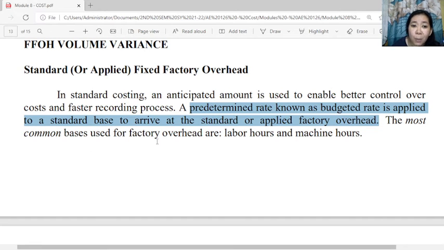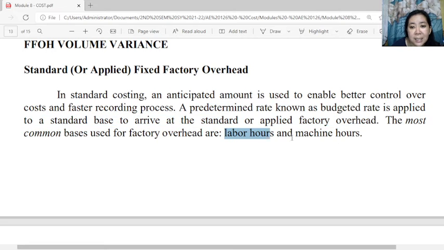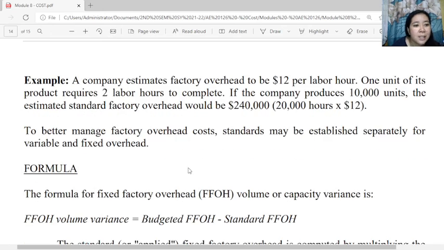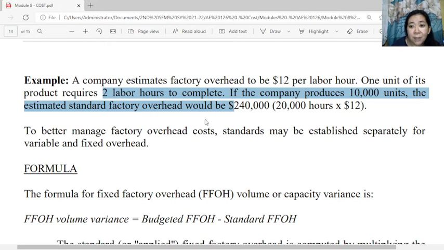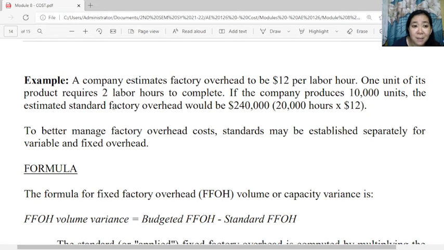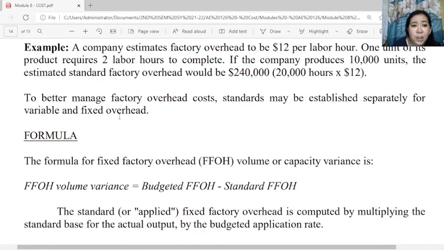The most common basis used is either labor or machine hours. Let us take this example to understand better. A company estimates a factory overhead of 12 per labor hour. One unit requires 2 labor hours to complete. If the company produces 10,000 units, the estimated standard factory overhead would be 240,000, or 20,000 hours times 12.